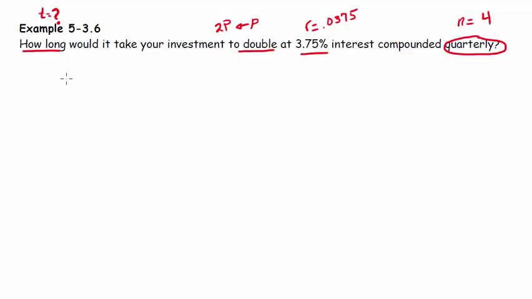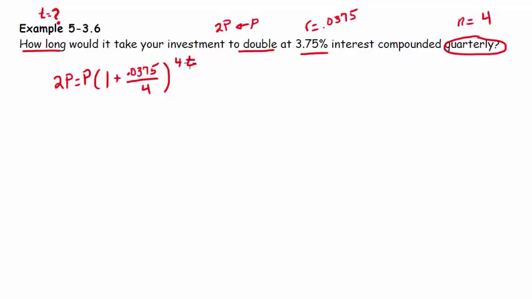Alright, so I want to know, I'm going to end with 2p when I start with p times 1 plus my interest rate 0.0375. I'm paid quarterly, so this is going to be 4, raised to the power 4t, which is what I'm looking for.